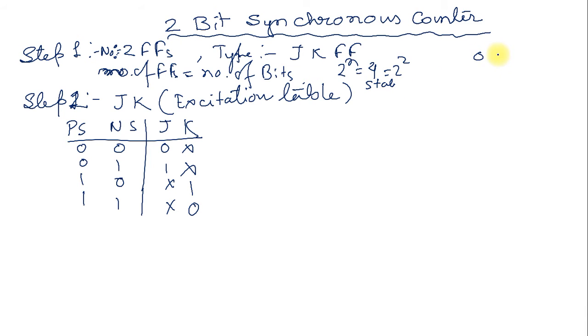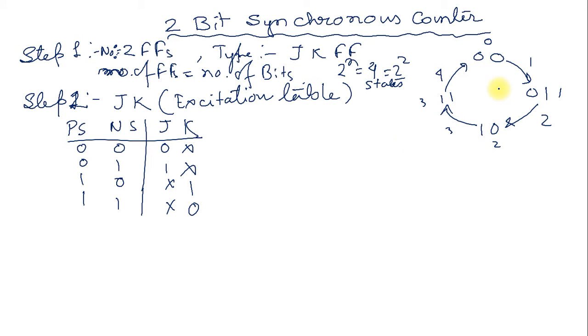If we start from the initial 0 0, then in the first step it goes to 0 1, in the second step it goes to 1 0, third step 1 1, and fourth step 0 0. So 4 states are there. In decimal equivalent, 0 1 2 3, so the maximum count possible is 3.